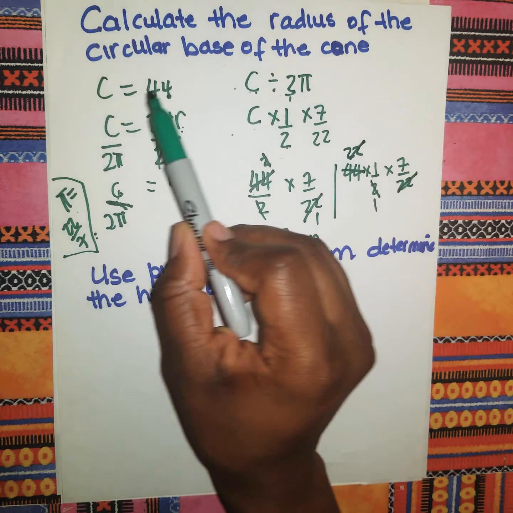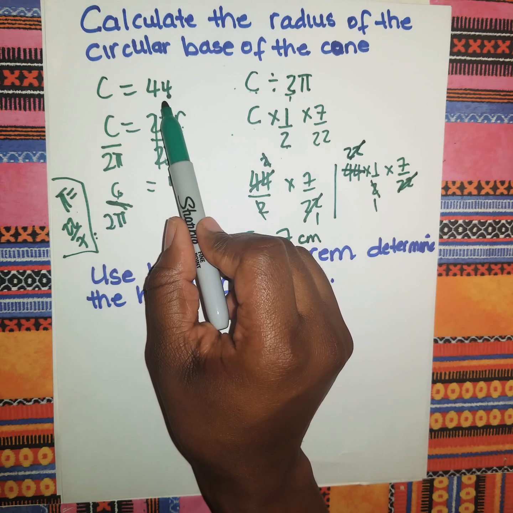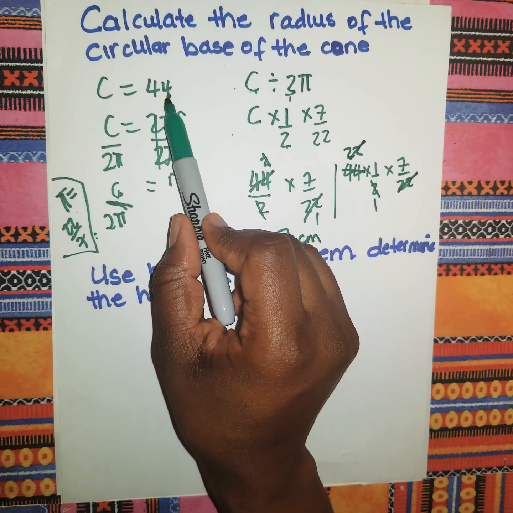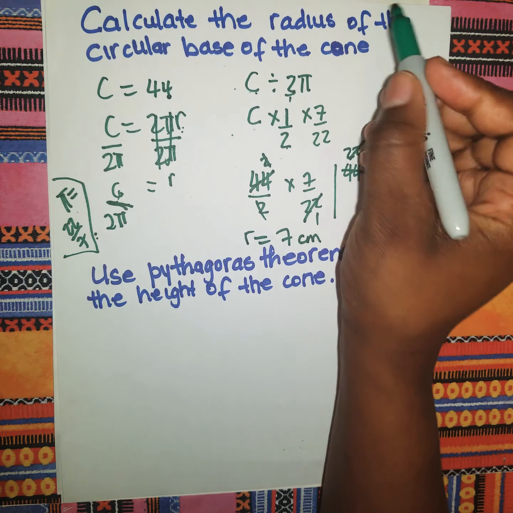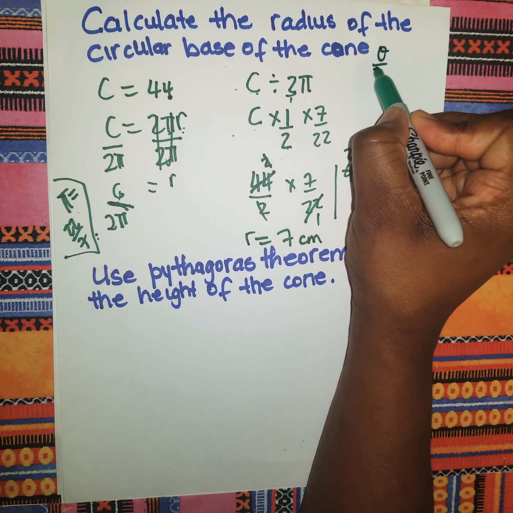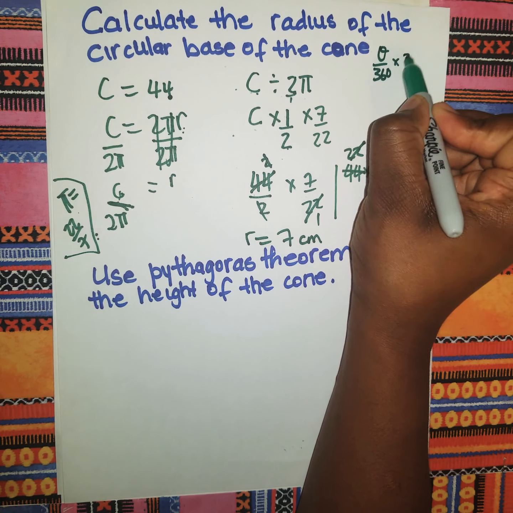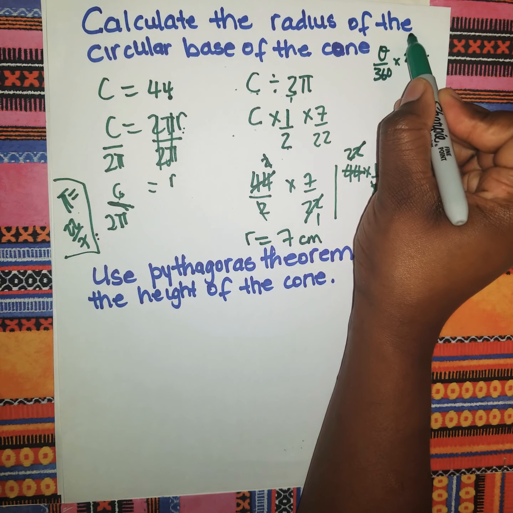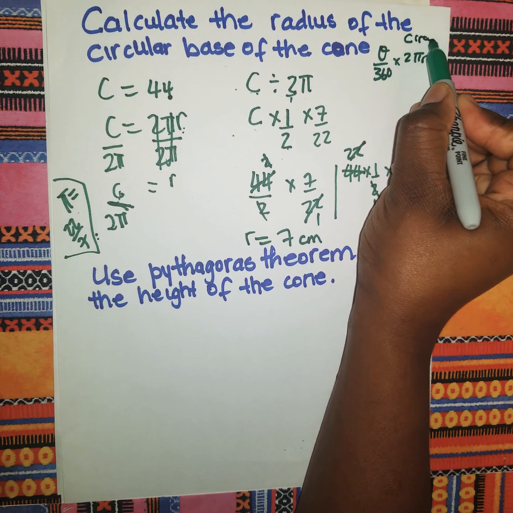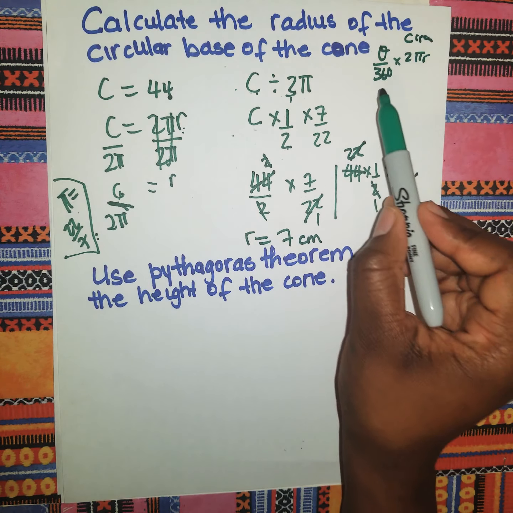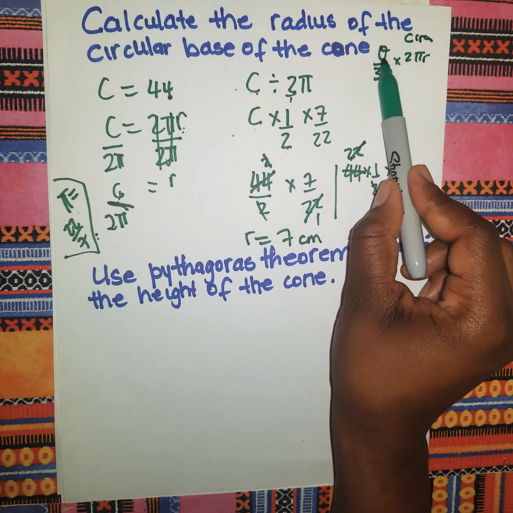So let me go again, guys. You first identify the circumference. If you didn't know this, you go ahead and use theta over 360 times 2 pi r to find the circumference. Because it's a sector, that's why the angle here is identified.